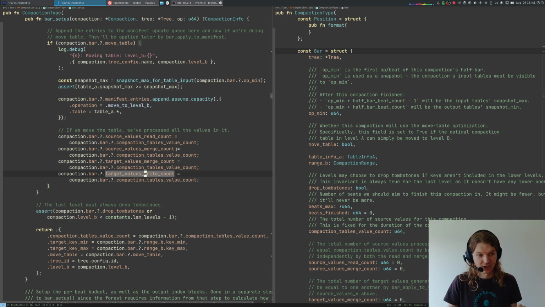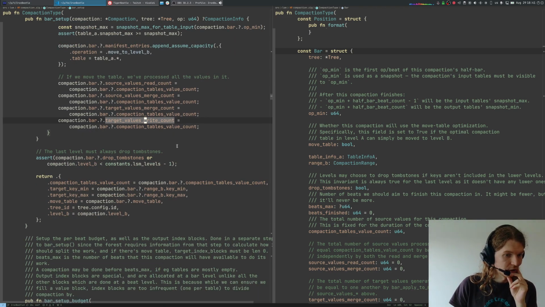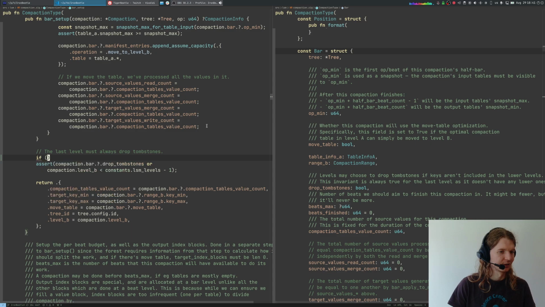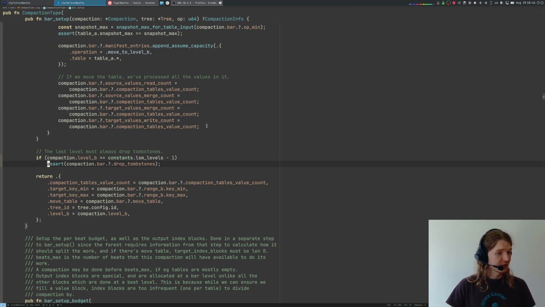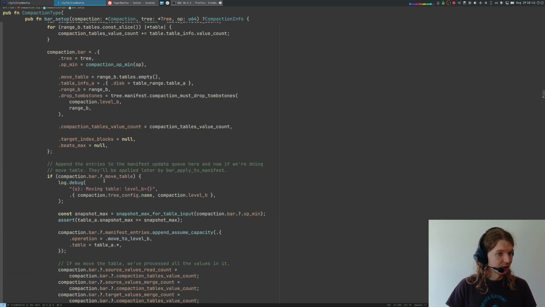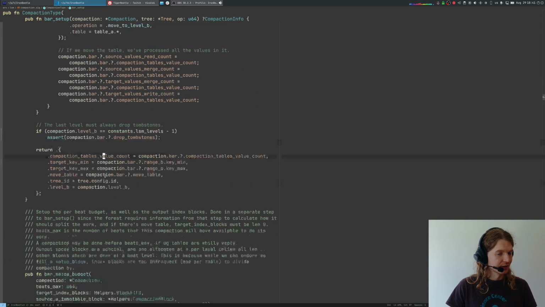So we just record them. Actually this would have been clearer if written like this. If we are compacting the last table, then yeah, we must drop tombstones. And this completes our setup.